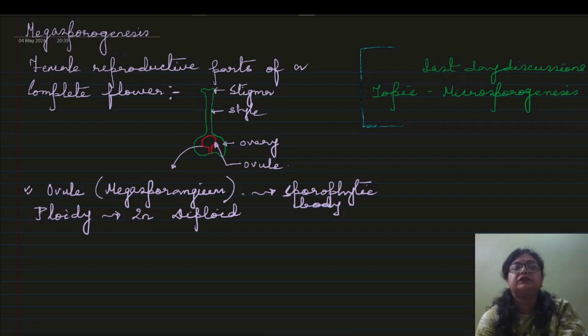So let us start with this. Here I am starting the diagram with the style, and then I am drawing the ovary so that it will be very clear to you how the ovule is. Now I shall draw the ovule.